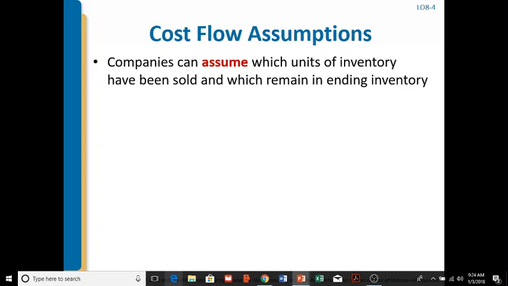Okay, so again, if they're smart, the physical flow will be the first items that they purchase, but the cost flow assumption can still be LIFO, the last items purchased, especially when you're dealing with items that are fungible, where you might have spoilage. You probably want to sell the first items that you purchase, even though you're reporting for cost flow assumption purposes the last items you purchased.